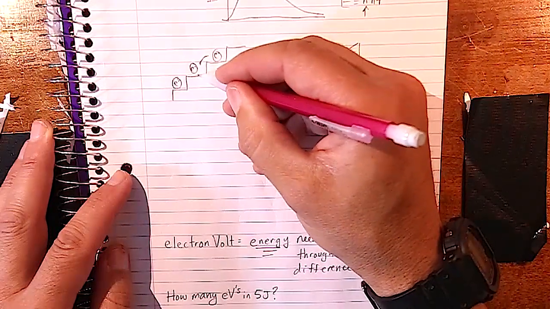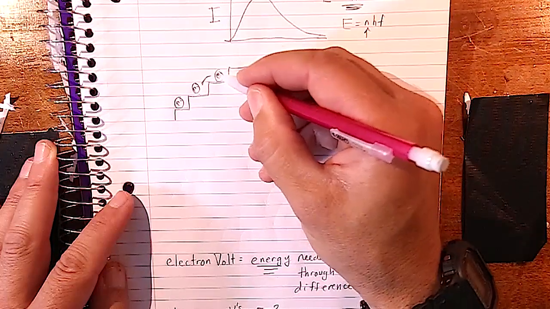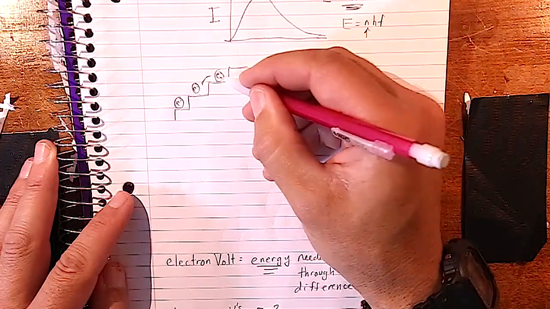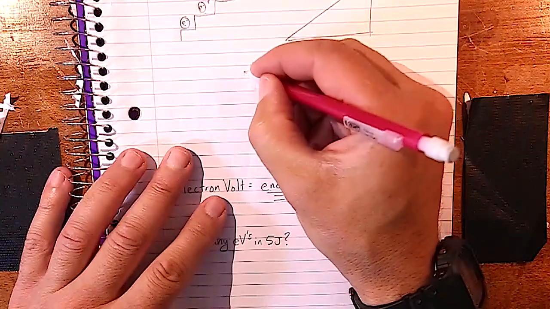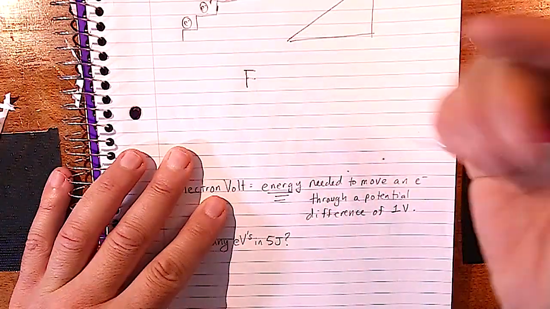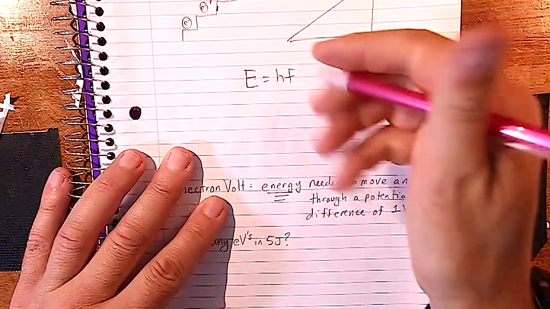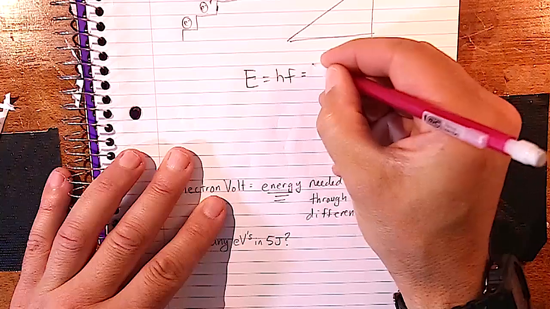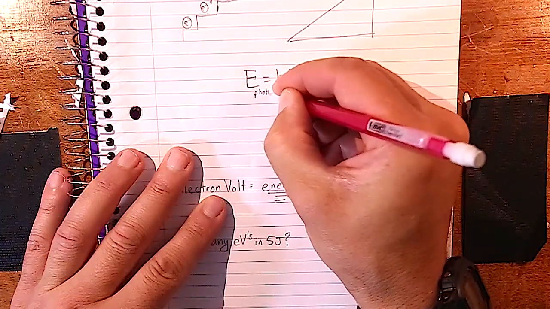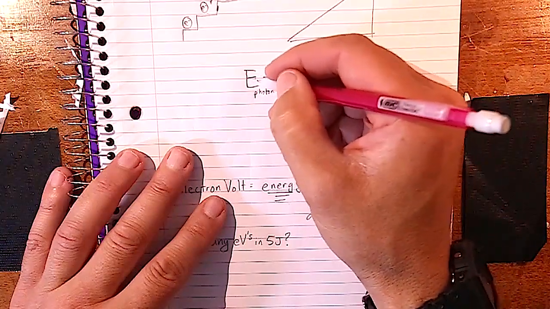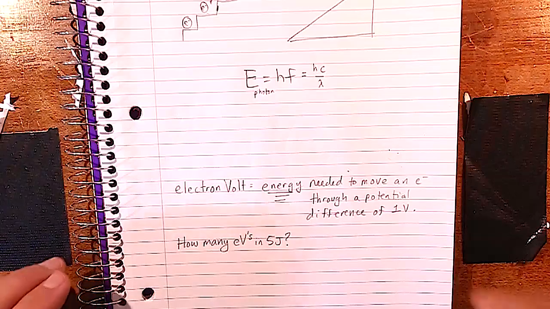The electron either has to absorb a photon to go up or emit a photon to go down, but otherwise it's just going to sit in its level. The formula for this, if you remember, is E equals hf, which is on the reference table, and that's equal to hc over lambda. On the reference table it says E photon, and now we know why that is, because that's the energy of that wave packet that Einstein explained.